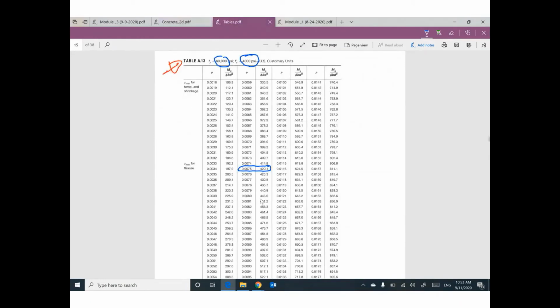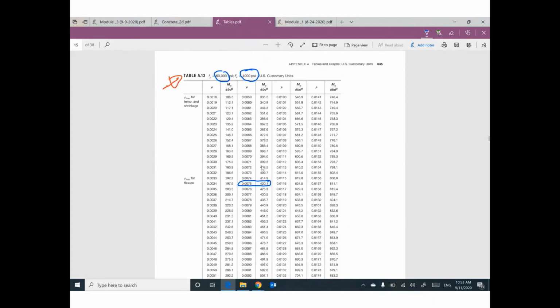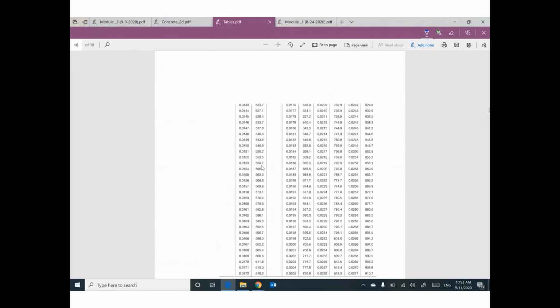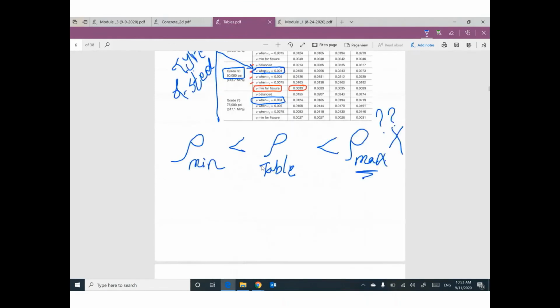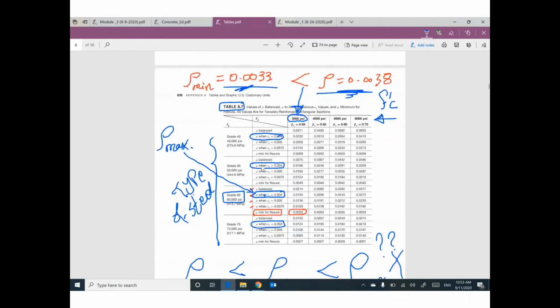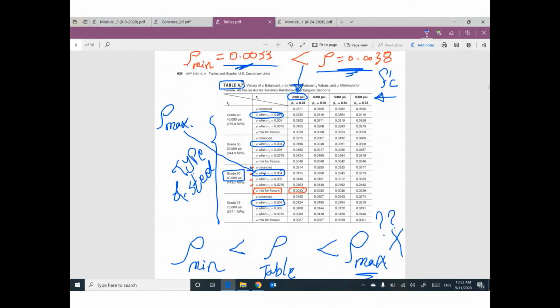I need to make a check. Go back to this table. You are talking about grade 60, but F prime C 4,000. So your rho minimum will be this number. I believe 0.0075 is greater than 0.0033.